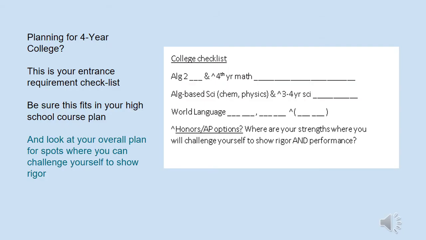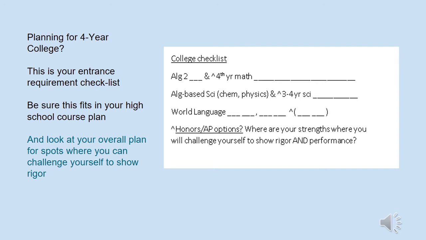For those of you planning on attending a 4-year college after high school graduation, you'll notice on the lower right corner is your college entrance requirement checklist. Be sure this fits into your high school 4-year plan. You'll notice that Algebra 2 is a requirement, and you generally want to plan on taking 4 years of math.